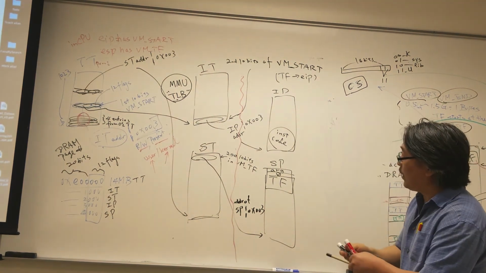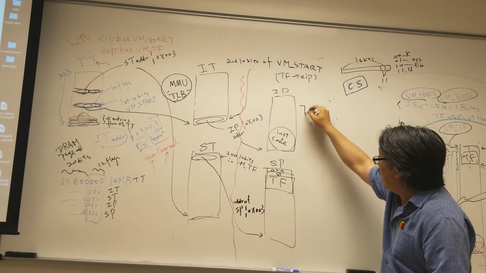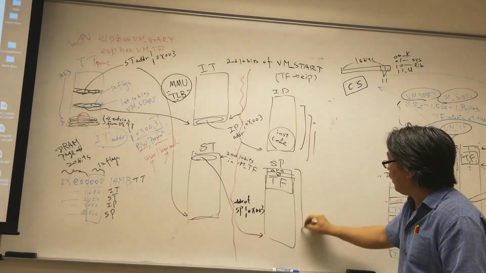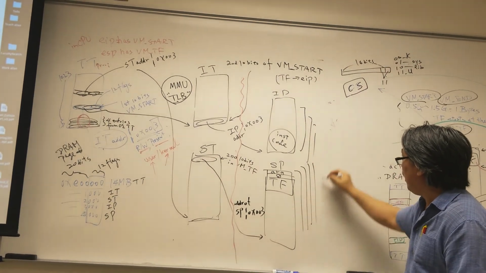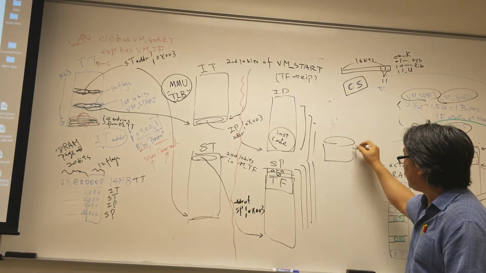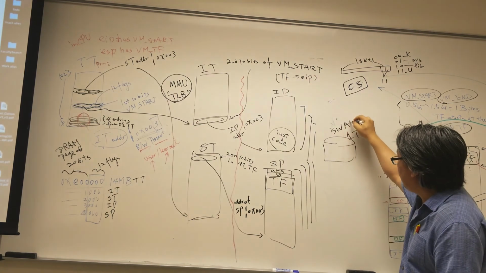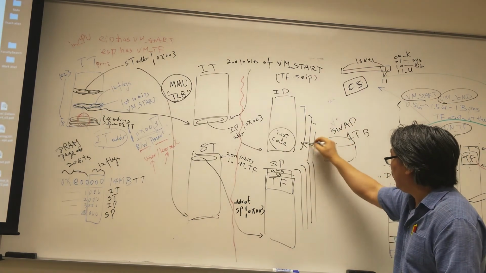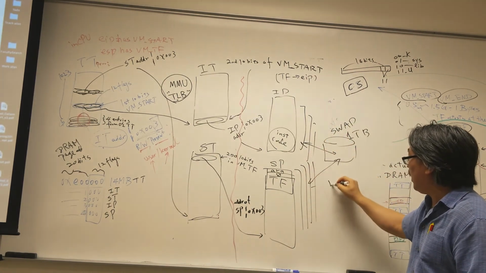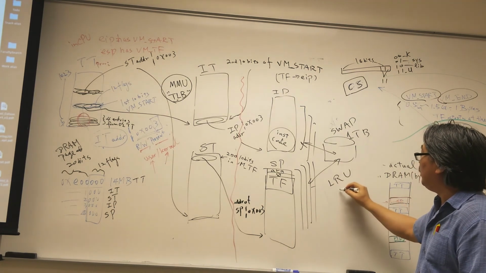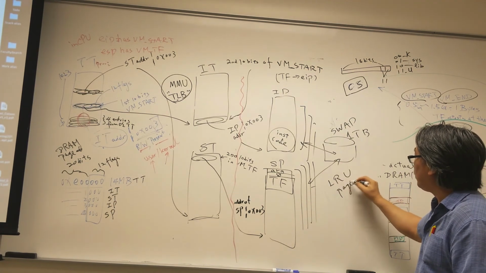You see many entries are used in the tables, and the instructions in those pages get more and more, and we have a swap space of terabytes. That's the swap partition to swap in and swap out. The least recently used DRAM pages can be swapped out.